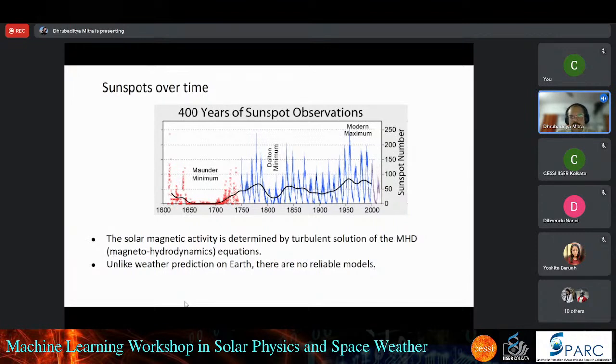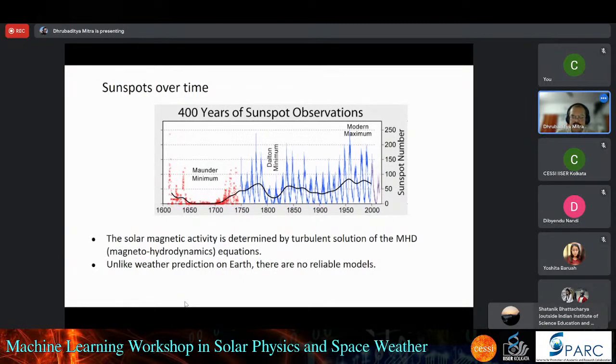So it's a solution of the magnetohydrodynamic equations. It's a very, very difficult problem to solve. But when we are talking about forecasting something, we should take the lesson from the best forecast system we have at the moment, which is weather forecast. Here I would like to make a distinction between two things. We tend to use the words predict and forecast almost interchangeably. I would suggest the following. In physics, when you say Dirac's equation predicted the positron, that has no statistical element in it.